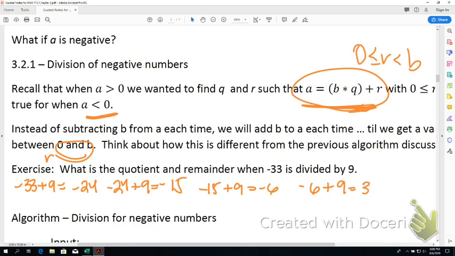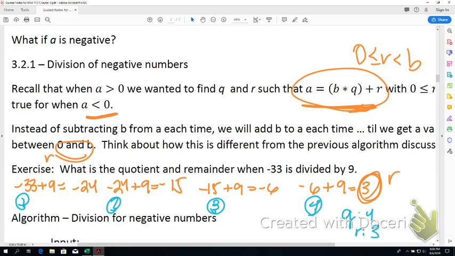So you want to think, well, this is going to be my remainder. And how many times did I add? Once, twice, 3 times, 4. So it looks like maybe my quotient is 4 and my remainder is 3.